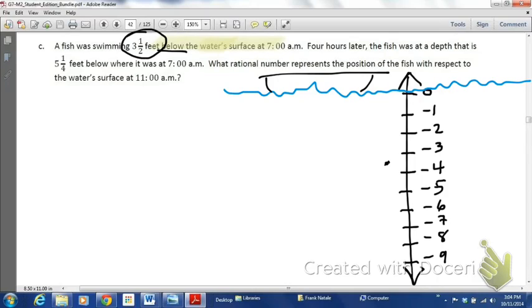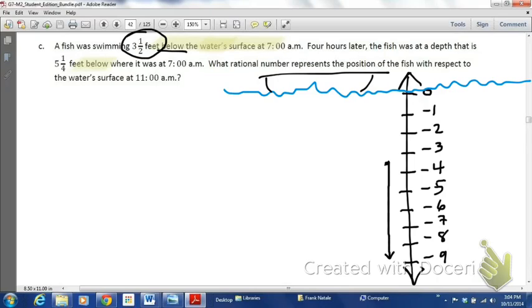If I go another 5 1/4 feet down, because it's below that point, so that's going to be a negative. So I've got to go down. There's 1, there's 2, there's 3, there's 4, there's 5, and then another fourth of a foot.